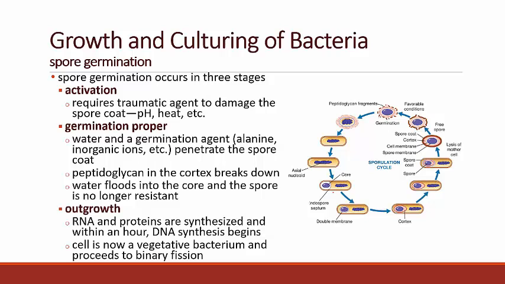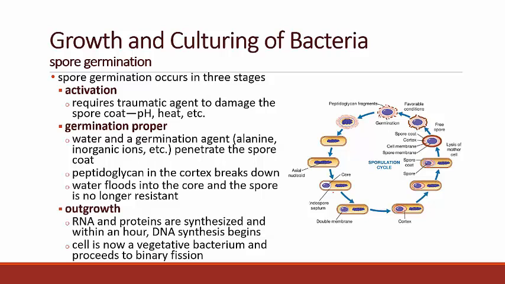So as water and some germination agent, and it just depends on what it is, alanine, which is an amino acid, inorganic ions, so stuff in the medium around the bacterial spore, as those things begin to penetrate into and through that damaged spore coat, then the peptidoglycan and the cortex break down, and then water can flood into the core, and the spore now begins to metabolize.